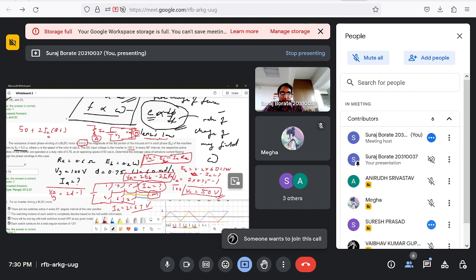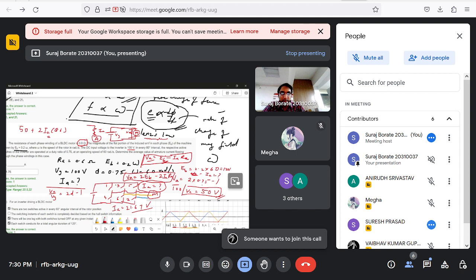So there is this formula. Okay, here, omega is equal to 120 into F divided by P, where P is the number of poles, and omega is in rpm.